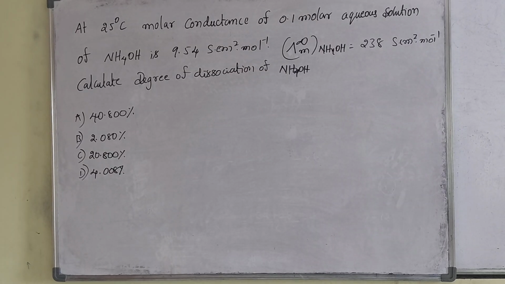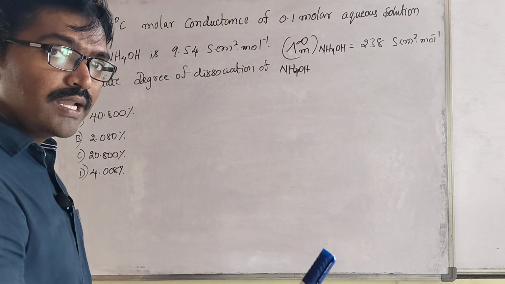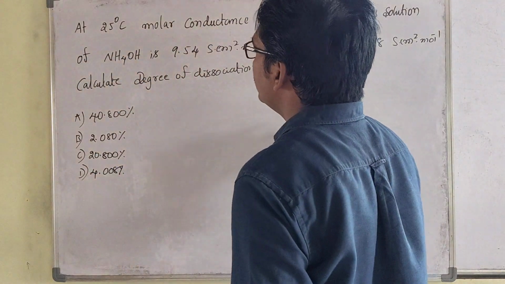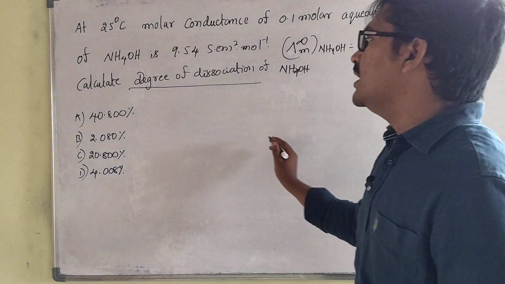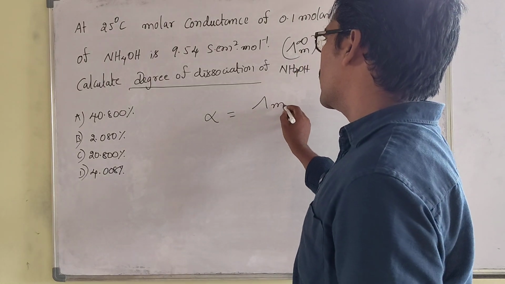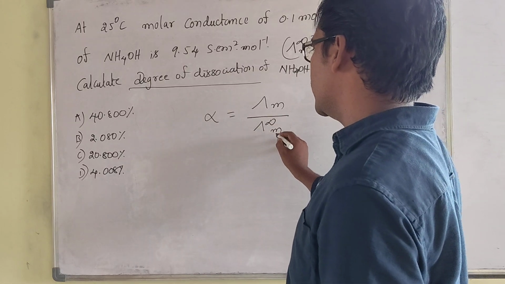Yes, look, my dear students, one of the questions is based on the second application of Kohlrausch law. What was the second application? The degree of dissociation can be found out, calculation of degree of dissociation. What is the formula? The degree of dissociation equals the molar conductivity divided by the limiting molar conductivity.